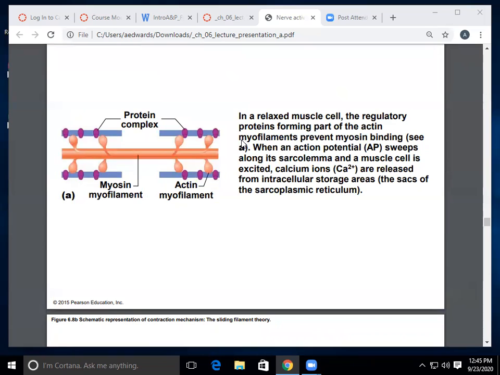And so when you get an action potential, the muscle cell gets excited, the calcium ions get released from the areas where there's storage. The area where you store your calcium ions is your sarcoplasmic reticulum, the muscle version of smooth endoplasmic reticulum. Okay, it stores up the calcium and it's released whenever there's an action potential.